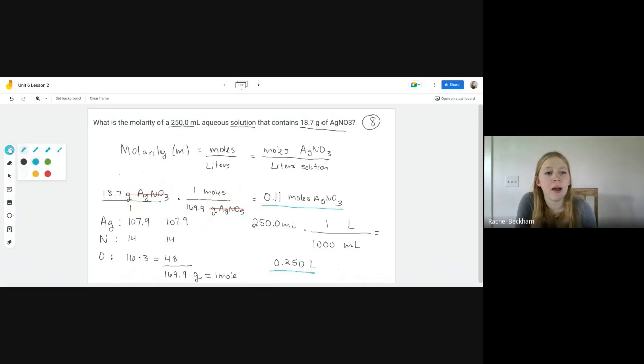And so now I can plug that in up here: 0.11 divided by 0.250, and I'm getting 0.440 capital M. That is my answer for problem number 8.